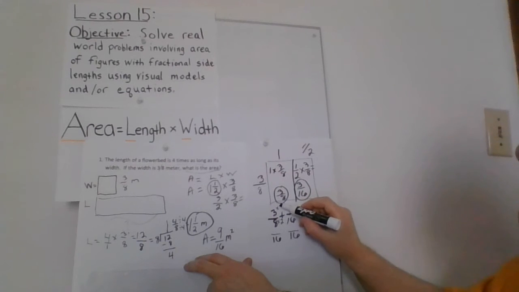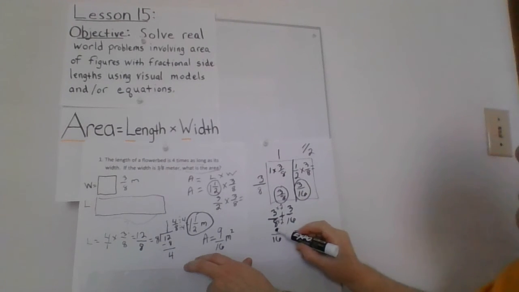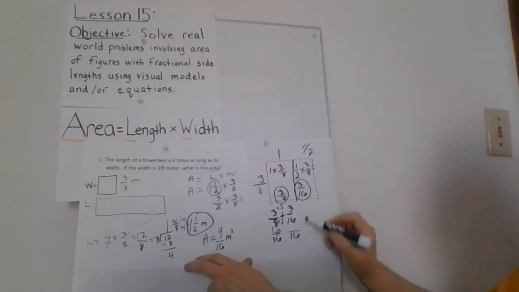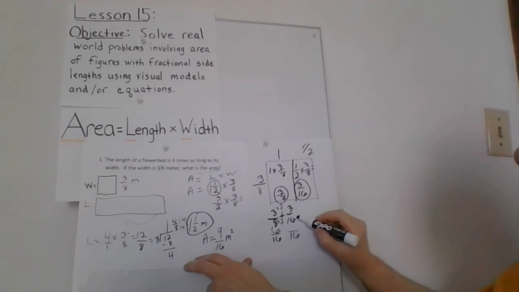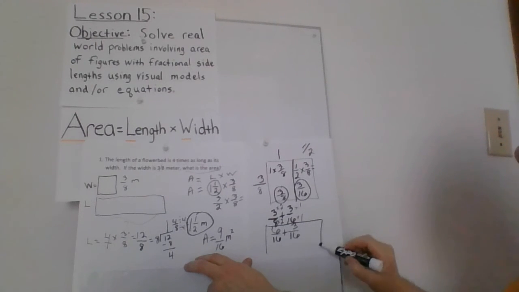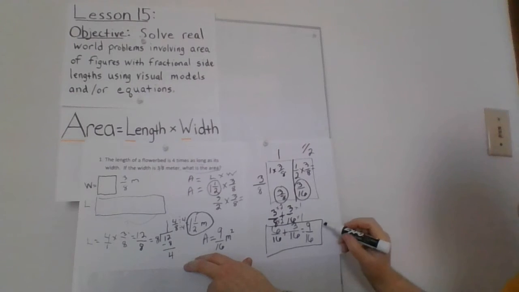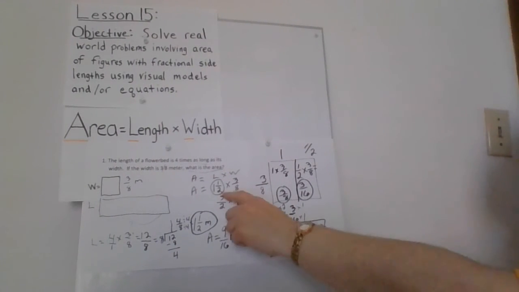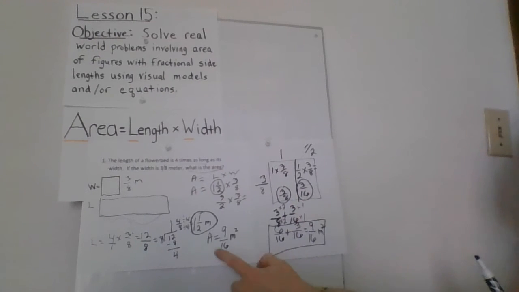Do the same thing to the numerator. 3 times 2 is 6. 16 went into 16 once. 3 times 1 is 3. So now I'm left with 6 plus 3 is 9, and I bring over my denominator, which is 16. And as you can see, whether I use the equation or my area model, I get the same answer, 9/16.